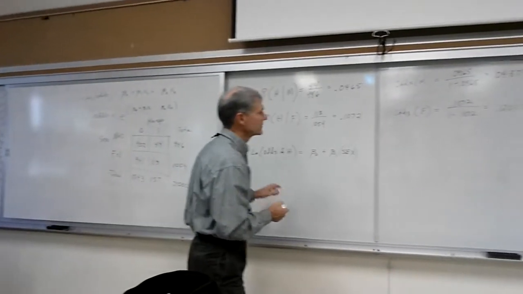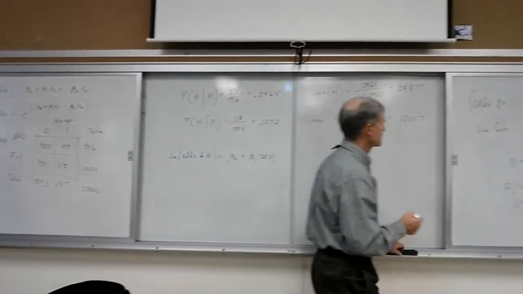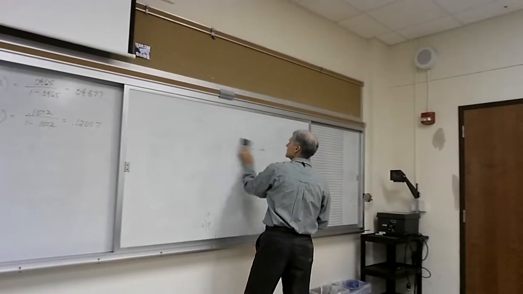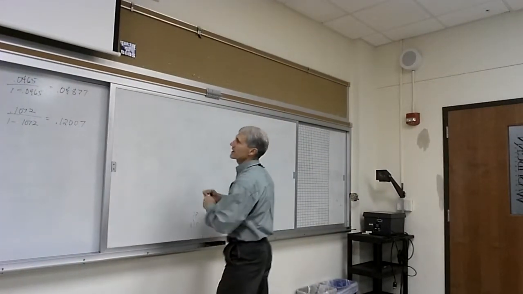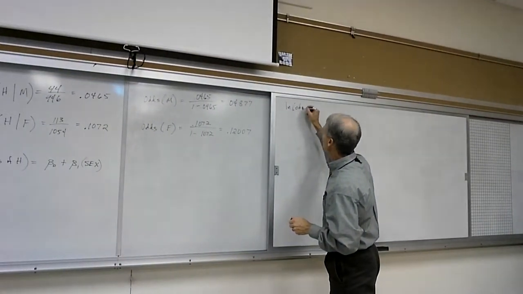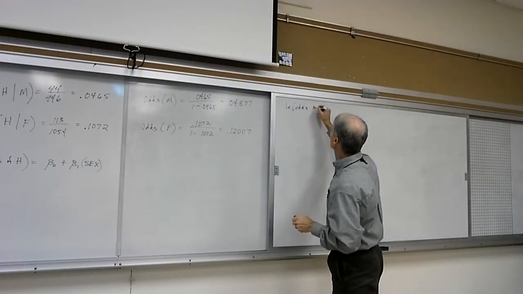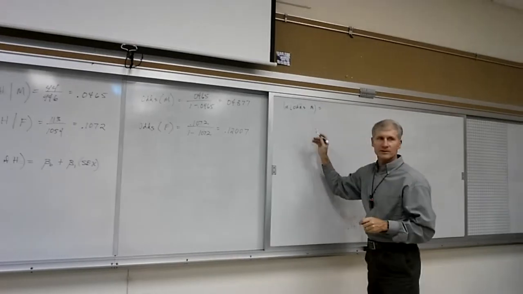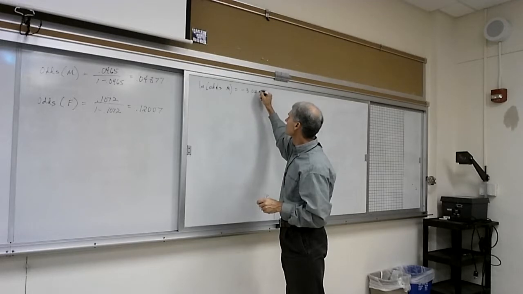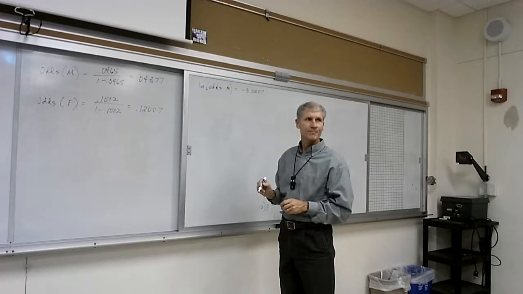Okay? So let's come over here and do log odds. Give me the natural log of these. Log odds for males. It's negative 3.0207. Okay.